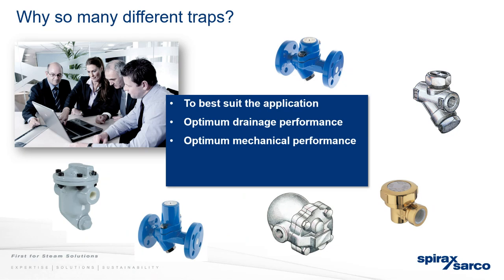And optimal mechanical performance. We want these to last a while. We don't want you to have to be replacing them before we would suggest. And venting performance, to remove that air as much as possible, because as we stated, it's a barrier to heat. And to cater for flash steam.